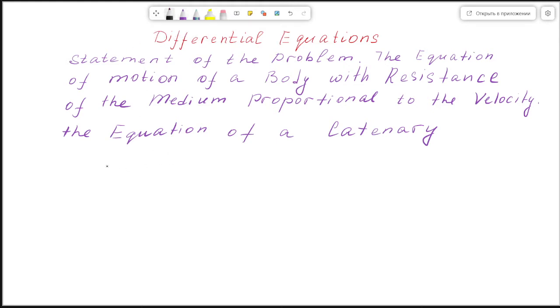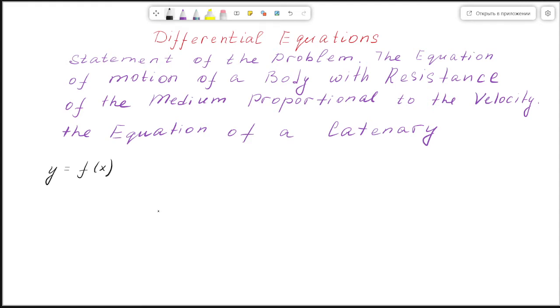Let the function y is f of x reflect the quantitative aspect of some phenomena. Frequently, it is not possible to establish directly the type of dependence of y on x.